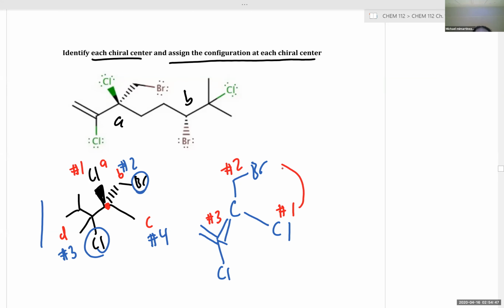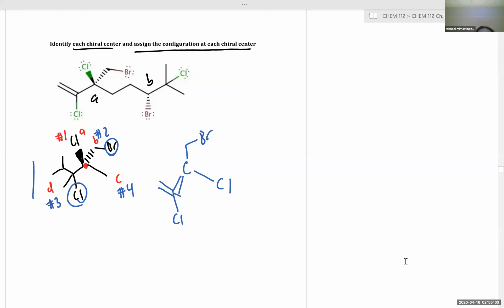We then draw an arrow going from priority 1 to priority 3. Oh, whoops, one moment. Let me reopen OneNote. Sorry about that, mild technical hiccup. So 1, 2, and 3.